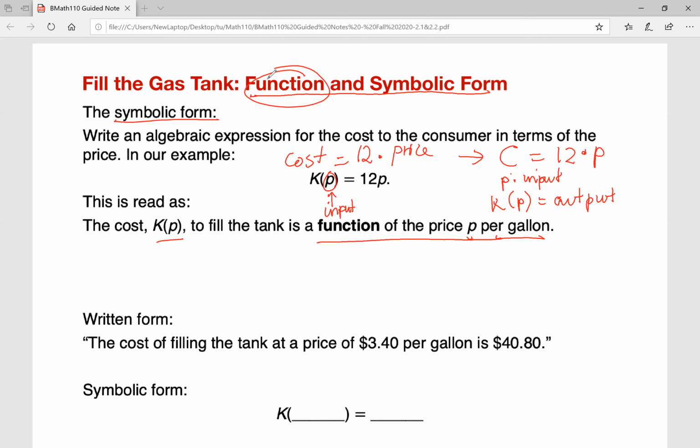You know it from the result of the previous columns. So how can I write the symbolic form?